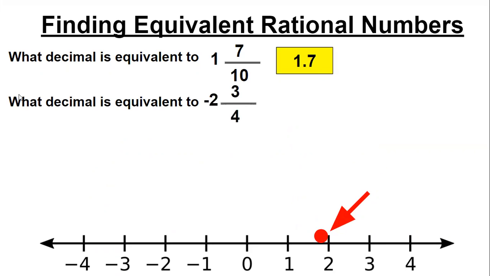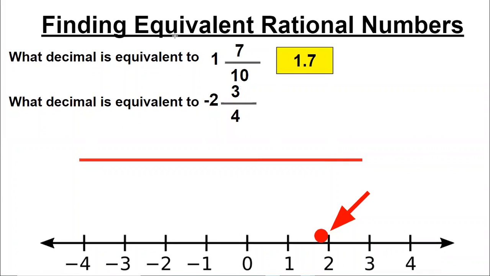What decimal is equivalent to -2 3/4? Again, we're going to be looking at the area between -2 and -3. So we'll put -2 here, and we'll put -3 here, and we're just taking this small section and showing it in more detail. Because I have a 4 here, I want to divide my section into fourths.